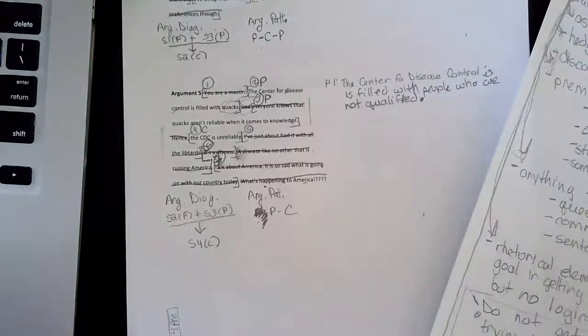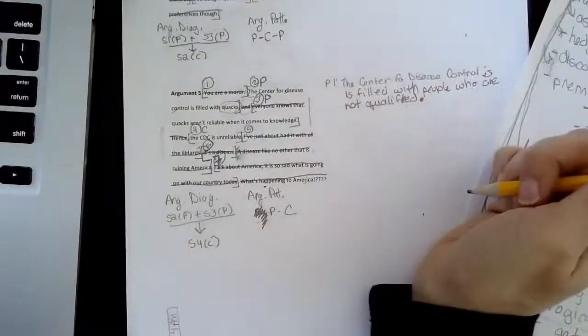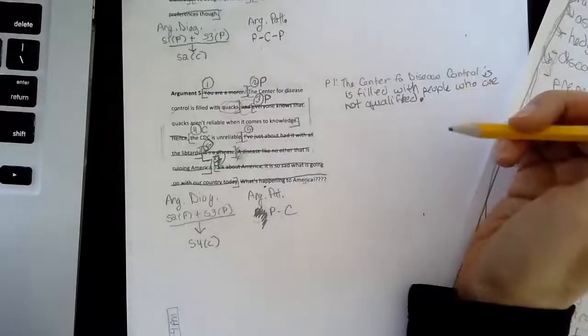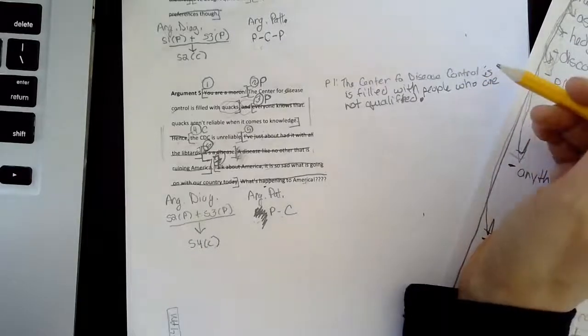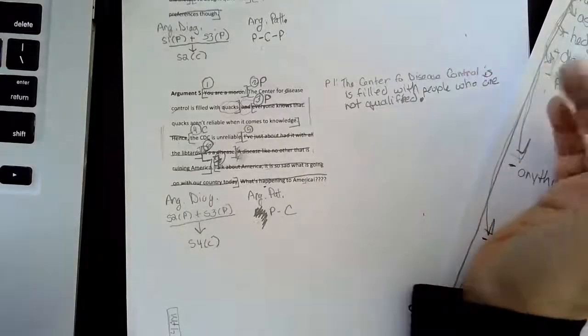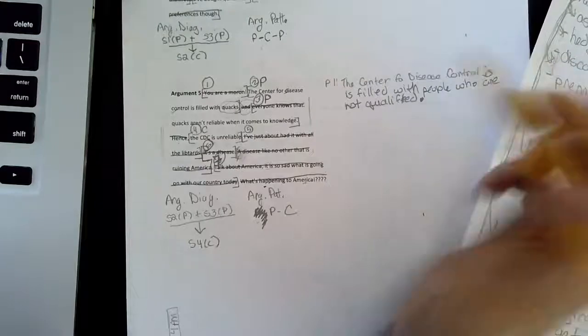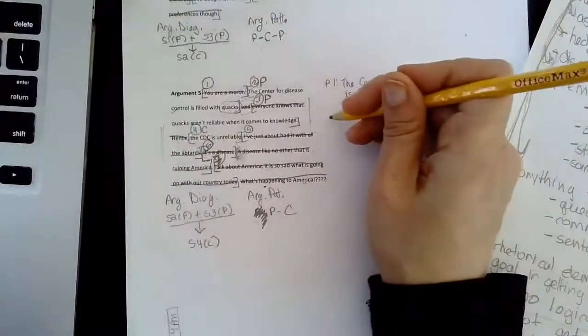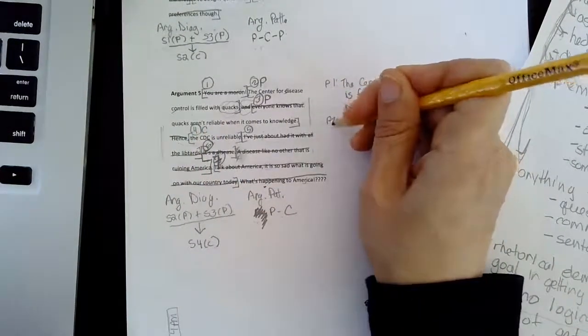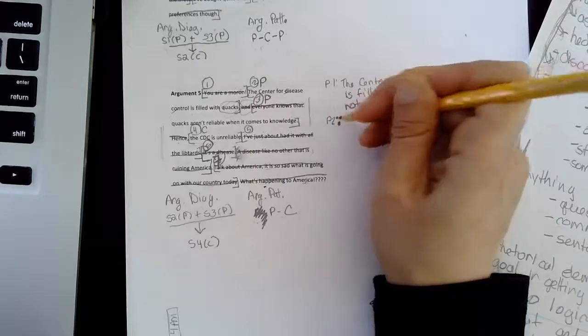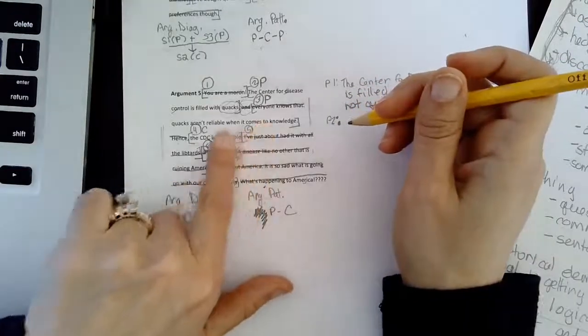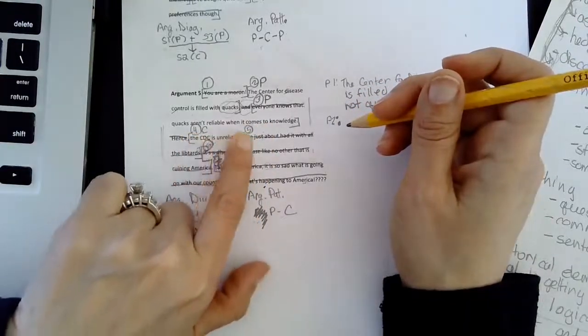We've taken out the rhetorical element and replaced it with not qualified. We could also say the Center for Disease Control is filled with unqualified people, right? That would keep more of the sentence structure, but this is okay. Then premise 2 is next. What does it say? Quacks aren't reliable when it comes to knowledge.